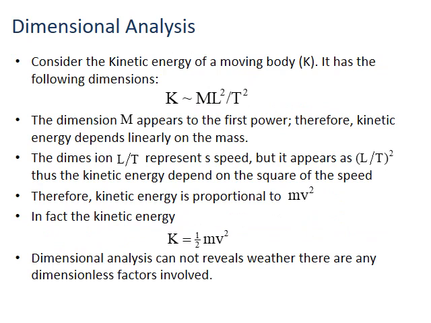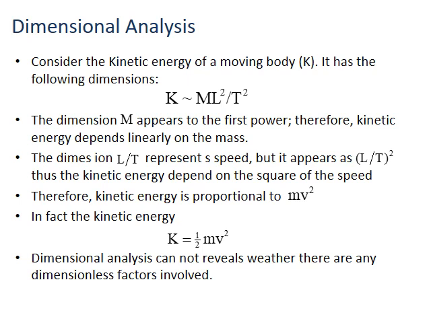So for example, if I tell you that the kinetic energy of a body, which is related to how fast it's moving, has the dimensions of mass times length squared over time squared, I can actually deduce the formula that would give me the kinetic energy. First, mass appears as power 1, so the kinetic energy is proportional to mass. Then I have length over time, but we have a square on both of them.